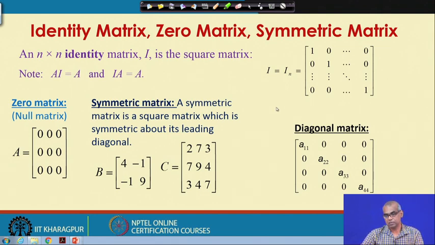The diagonal matrix is a matrix where all the elements are 0 except the elements in the principal diagonal. Note that identity matrix is also a diagonal matrix, but there the elements in the principal diagonal are all unity.